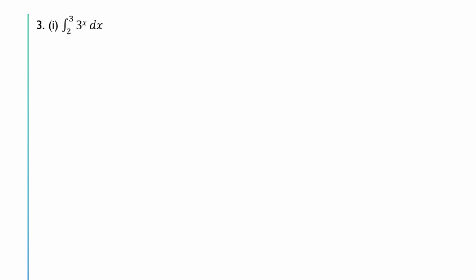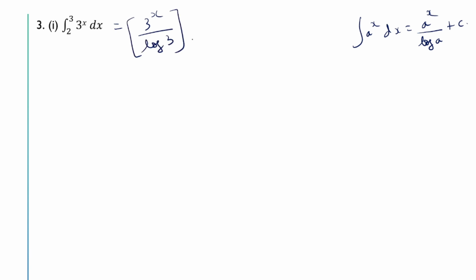Next question, integral from 2 to 3 of 3 raised to x dx. Now we know the integral of a raised to x dx is a raised to x upon log a plus c. So here the integral from 2 to 3 of 3 raised to x dx will be 3 raised to x upon log 3 with the limits 2 to 3.